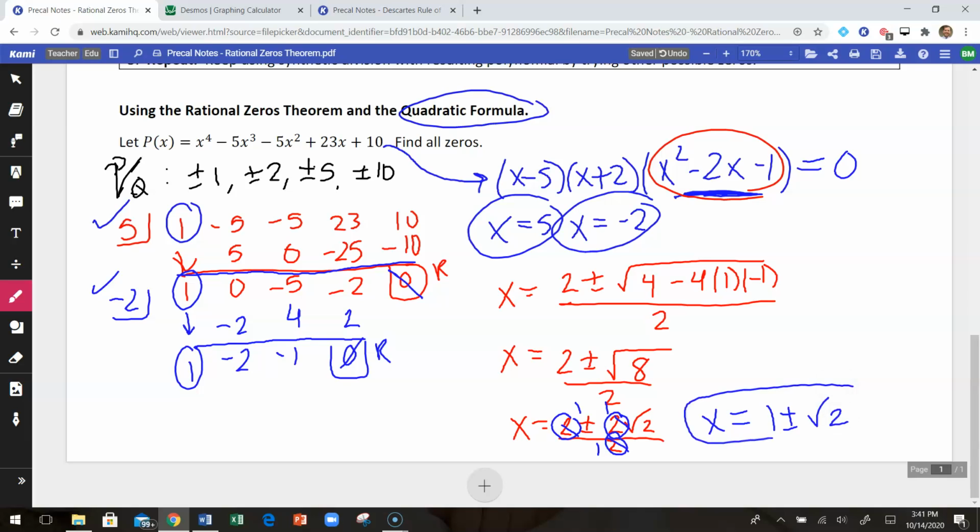And those are my other two answers. So I have 5, -2, and then 1 plus root 2 and 1 minus root 2. Those are all of our answers, all of our zeros of this polynomial. Okay, so sometimes you will need to use the quadratic formula, and hopefully that is not a terrible thing for you to do because you've done it enough.